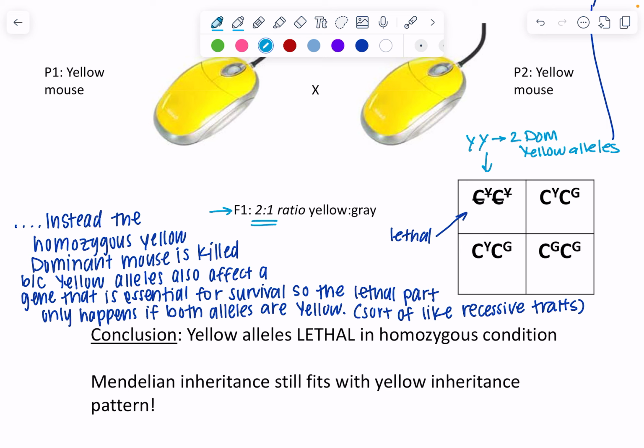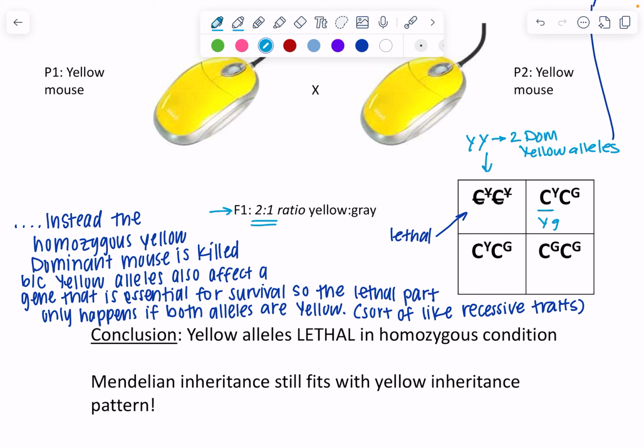So if the mouse gets 1 yellow dominant allele and a gray recessive allele, it lives. It's fine. The dominant allele is not affected by double dominance. So a homozygous yellow dominant mouse is killed because yellow alleles also affect a gene that is essential for survival.